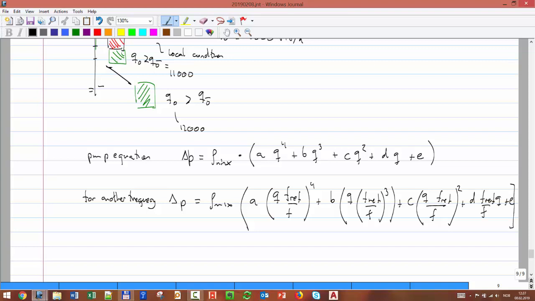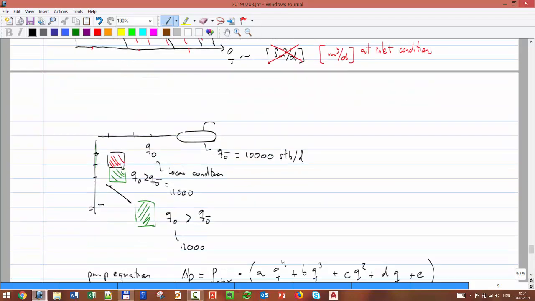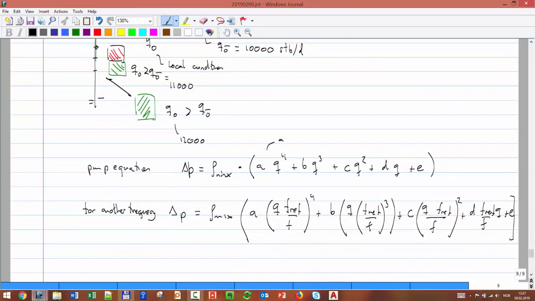And that's because it's some kind of dimensionless property. If I make the curve, I calculate the coefficients at F reference. The reference frequency is typically 60 Hertz or can also be 50 Hertz, depending on the place where they make the runs, the testing of the pump.